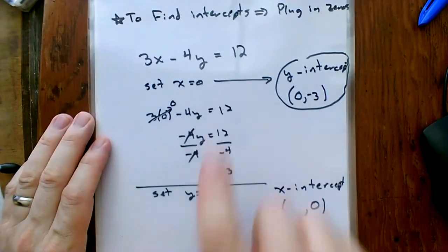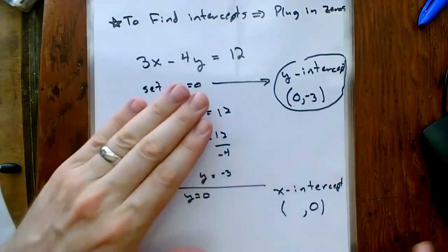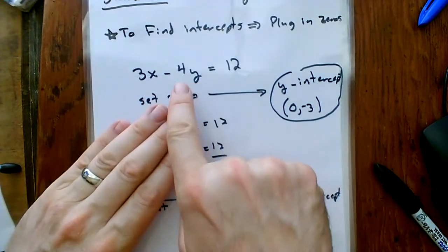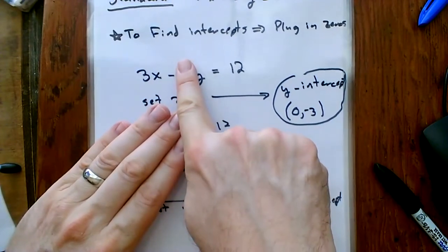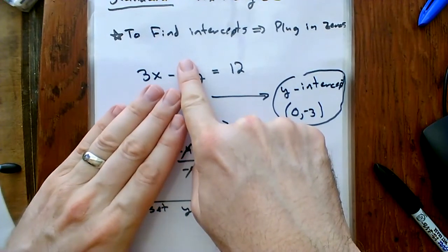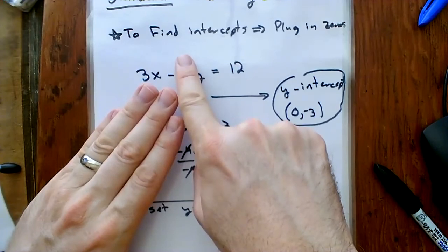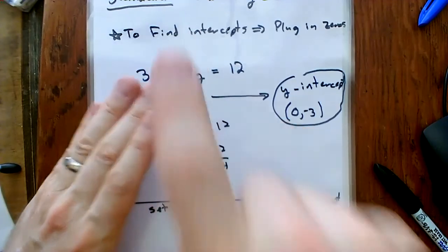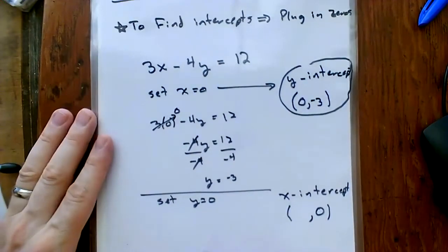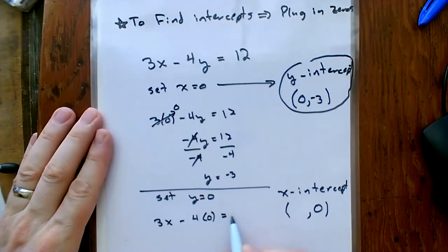But when I set y equal to 0, take a look at our original equation. -4 times 0 leaves a 0 in that position. You could probably do that math in your head. Sure enough, 3x - 4 times 0 equals 12.